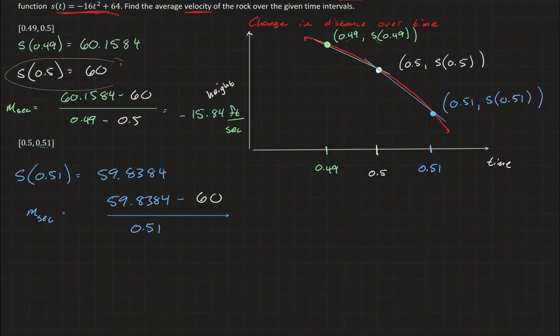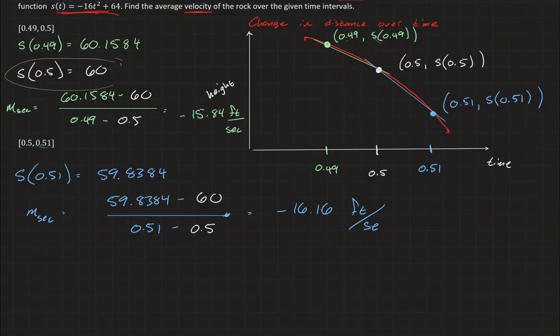Again, notice that I keep these two values that go together with each other, minus 0.5. And if I plug that into a calculator, this is supposed to be a fraction bar. This is going to give me negative 16.16 feet per second.